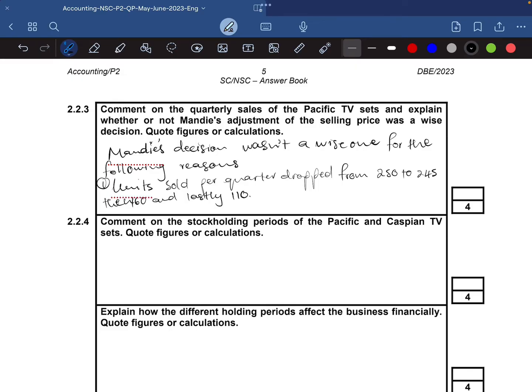Okay, so you can also mention the differences between the quarters. Just make sure that your answer will suffice 4 marks.